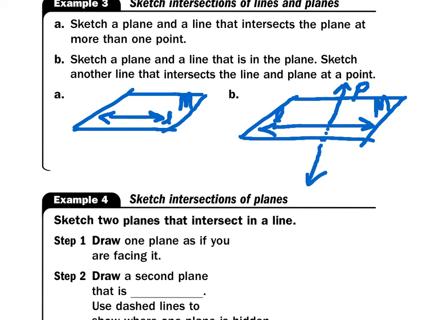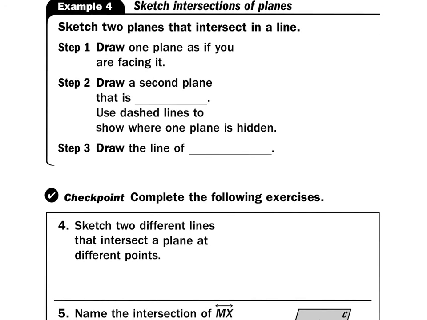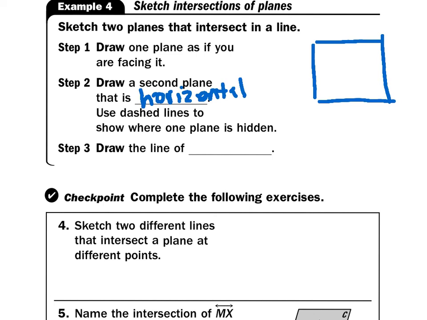So, example 4. Sketch 2 planes that intersect in a line. Draw one plane as if you were facing it, so just a rectangle. Draw a second plane that is horizontal, and use dashed lines to show where one plane is hidden. So it makes a line, so I'm going to go ahead and draw a line here.